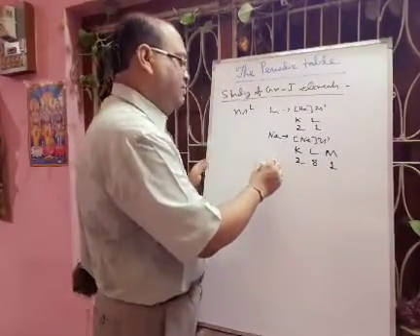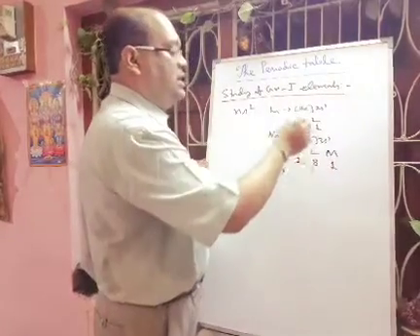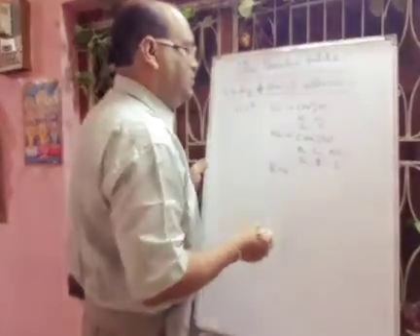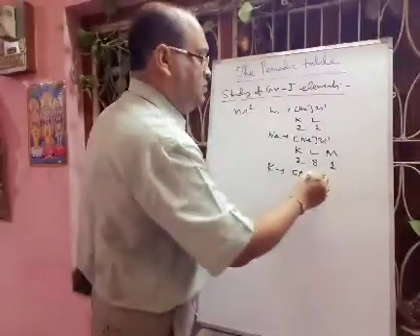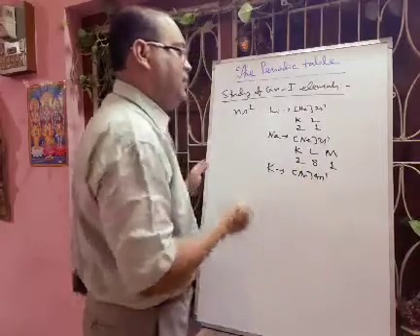Then potassium, what you are observing? In the outermost shell it contains only 1 electron. Potassium will be argon 4s1.